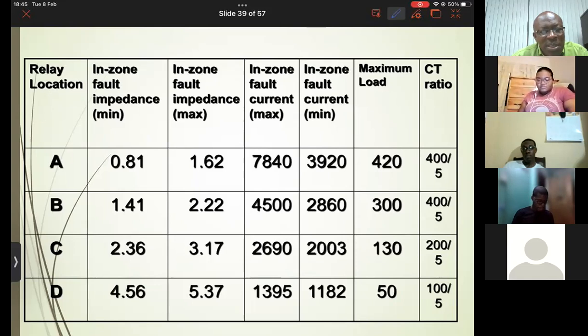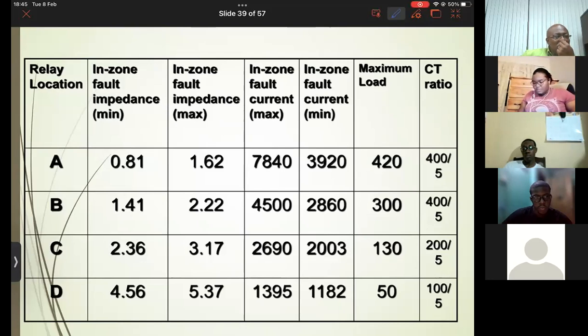And to get discrimination, what role would A need to play? Well, A would need to ignore the faults that happen in the other locations.